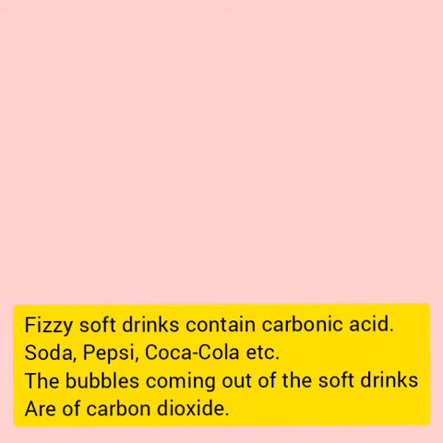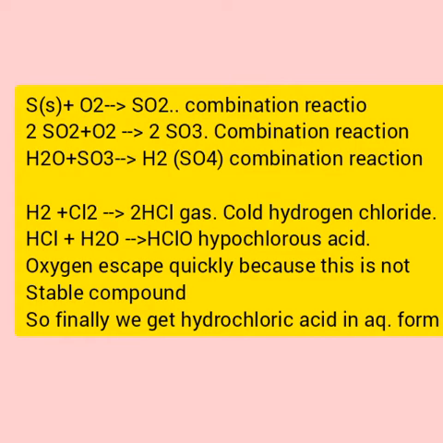Let us learn combination reactions. You might have seen sulfur. Sulfur is a yellow powder. You can burn sulfur to produce sulfur dioxide. This sulfur dioxide, in special conditions, you can make into sulfur trioxide, that is SO3. Sulfur dioxide is SO2, and this is SO3.